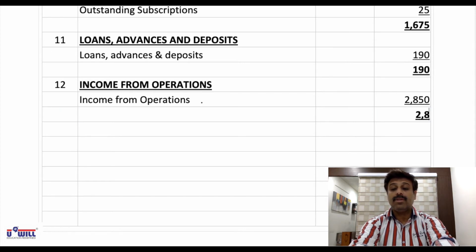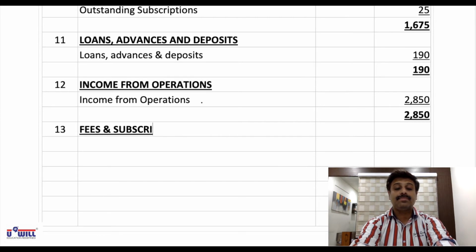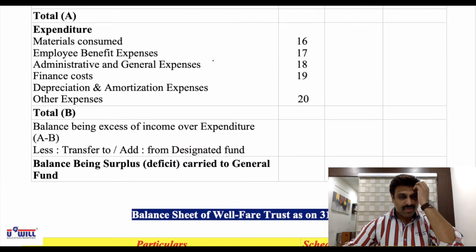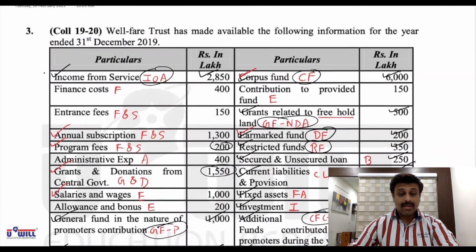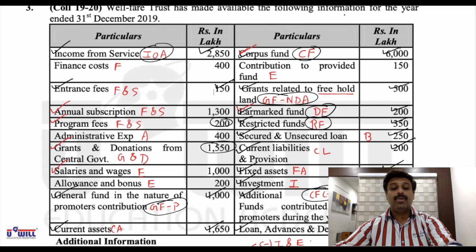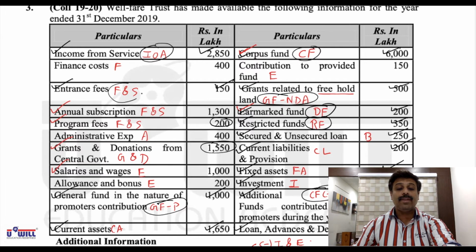That itself will become the total. Then after income from operations we'll have fees and subscriptions, F&S marked items. In that first we have entrance fees of 150. Okay, entrance fees of 150.